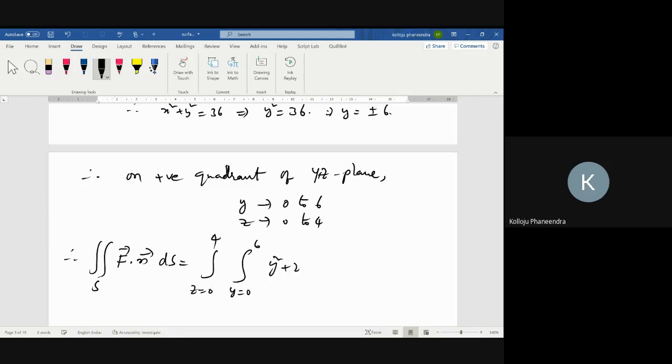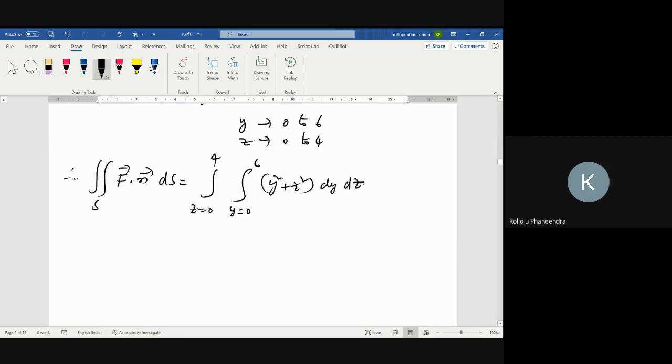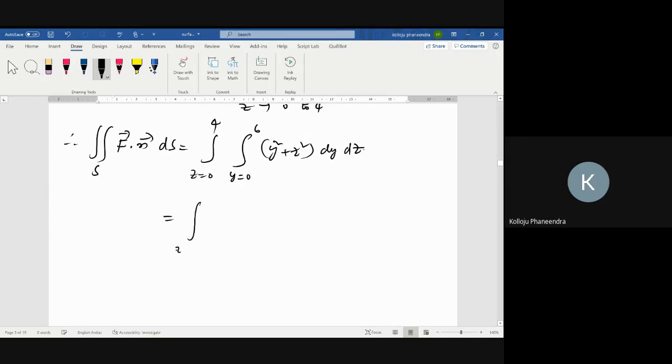And what is this? Integral of (y square plus z square) dy dz. If I evaluate with respect to y first, then this is y cube by 3 plus y z square, between 0 to 6, and dz, with z from 0 to 4.